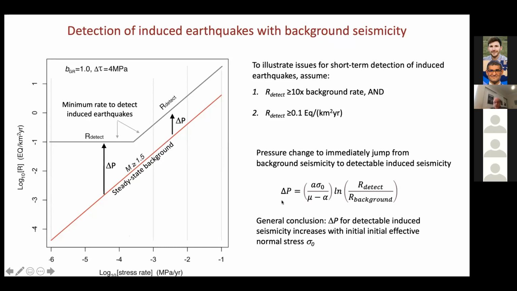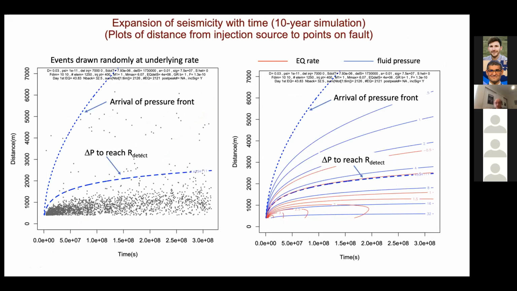Immediately from this equation, since sigma 0 here is the effective normal stress on a fault, we get that the pressure threshold for having detectable seismicity increases with the effective normal stress. So shallow earthquakes are much easier to trigger, or trigger more earthquakes, for a given pressure change than deeper faults. Probably fairly obvious.